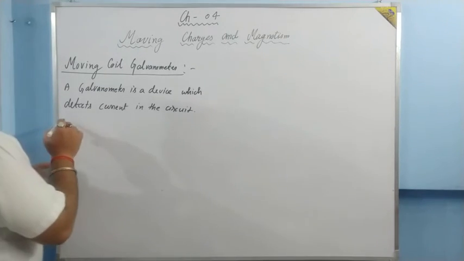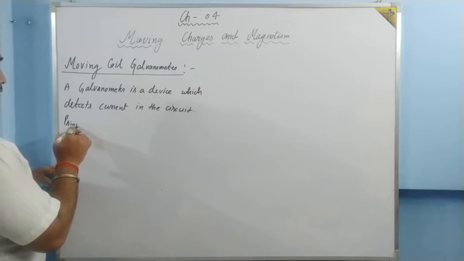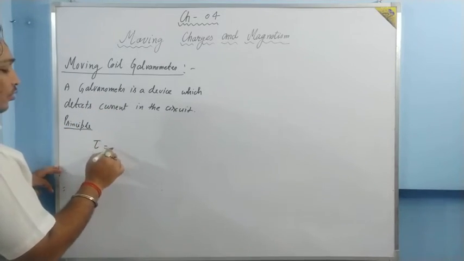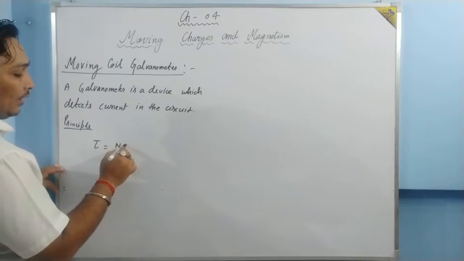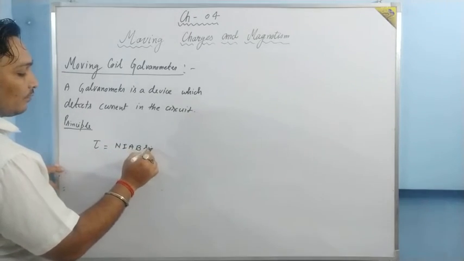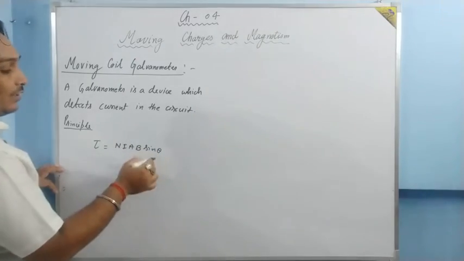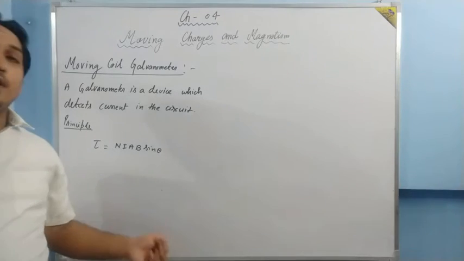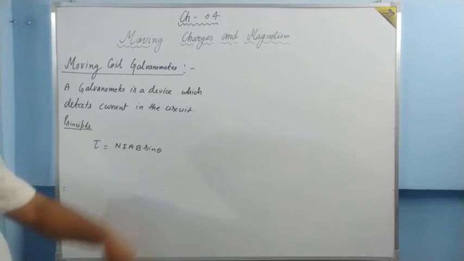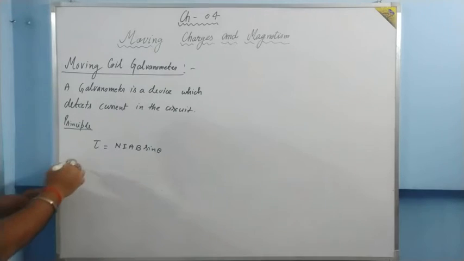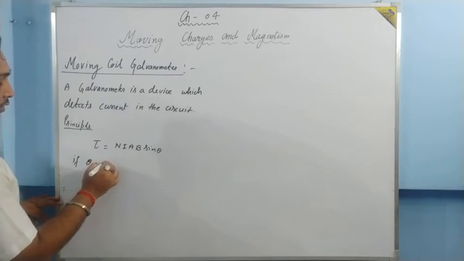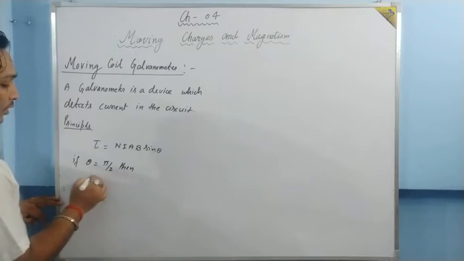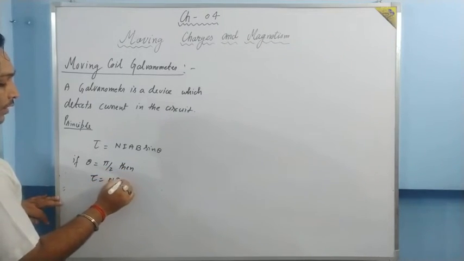What is its working principle? A very simple thing: we have studied that the torque acting on a current carrying coil is given by NIAB sin theta. From here, if somehow that theta can be fixed, like suppose by some configuration of the magnetic field I have put theta at 90 degrees, then sin theta is 1 and torque is equal to NIAB.